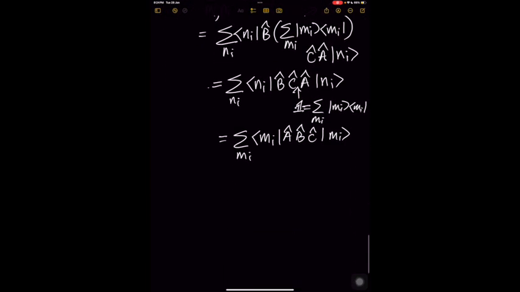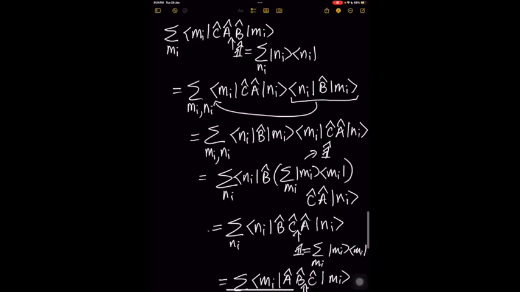Now we have to do this operation one last time. So you put the identity here, and then you use the basis n sub I in this case. So you get ket n sub I, bra n sub I. Once you do that, then you can move the c hat to the left. You should try this out too. You get bra n sub I, c hat, a hat, b hat, ket n sub I.